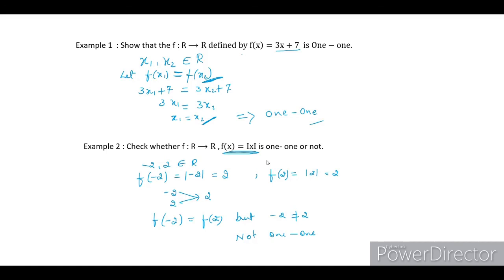These are two elements which contradict the 1, 1 nature of the function, so we can conclude that this is not a 1, 1 function. So always understand, when you are proving something, always prove in general. You cannot give one example and say this is 1, 1, but you can always give an example and say this is not 1, 1. So when you are proving something, it is always in general. When you are disproving something, just give an example and disprove.